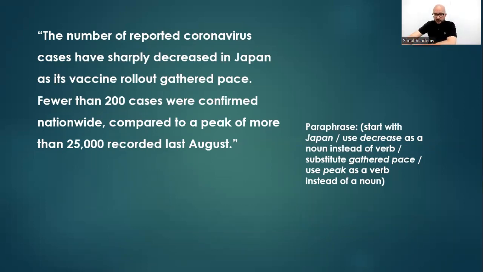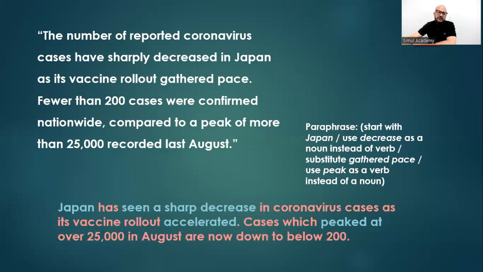So you might hopefully come up with something along the lines of this: Japan has seen a sharp decrease in coronavirus cases as its vaccine rollout accelerated. Cases which peaked at over 25,000 in August are now down to below 200.